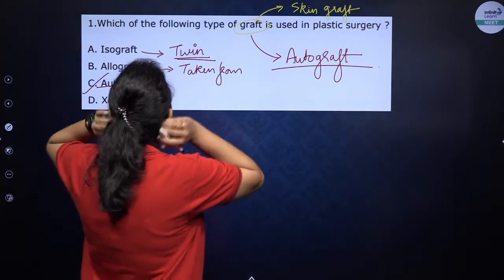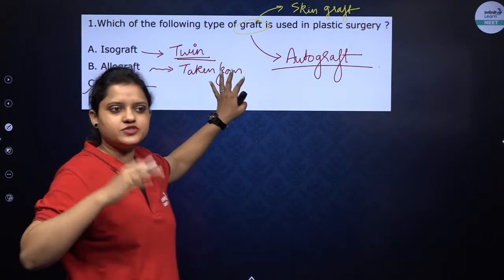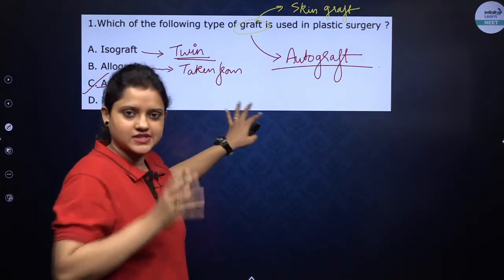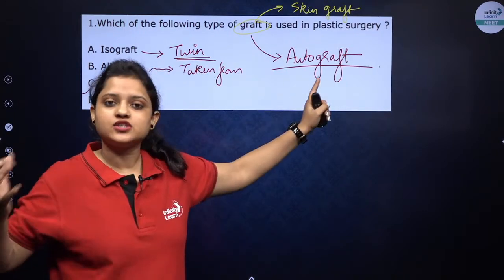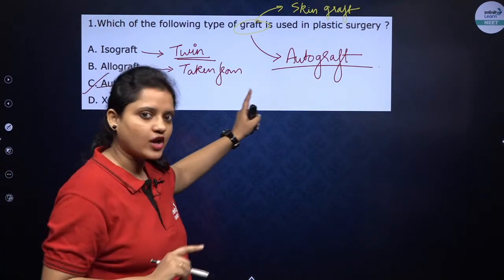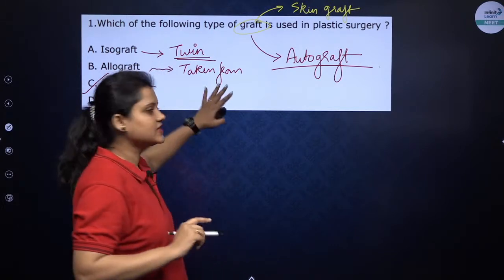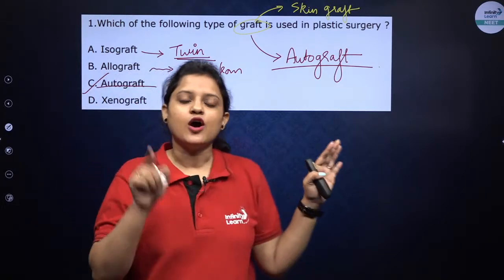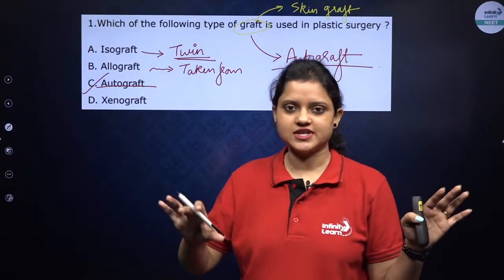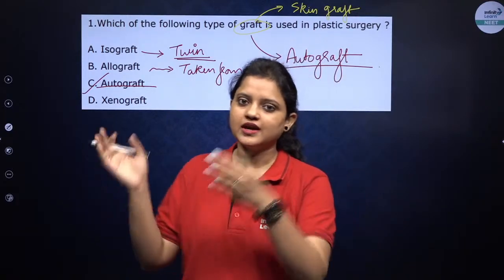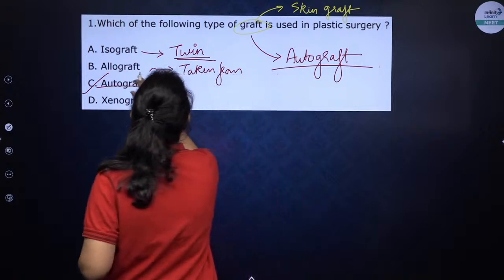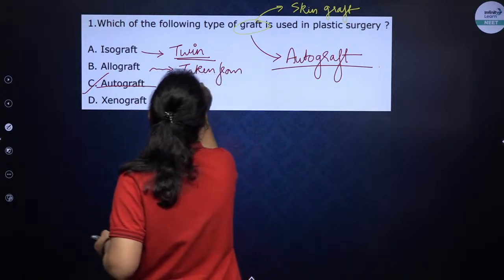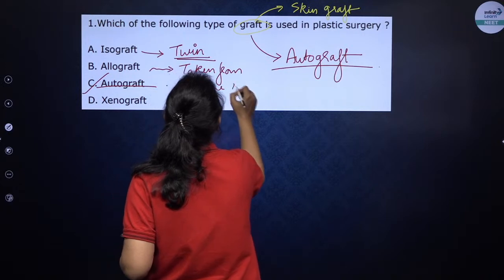Isograft is taken from a genetically similar individual of the same species, that is a twin. Monozygotic twin will be the first priority, and allograft is taken from individuals of the same species but need not be a monozygotic twin.